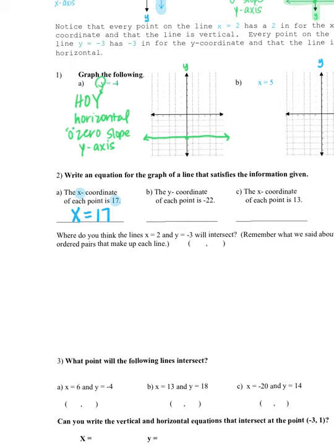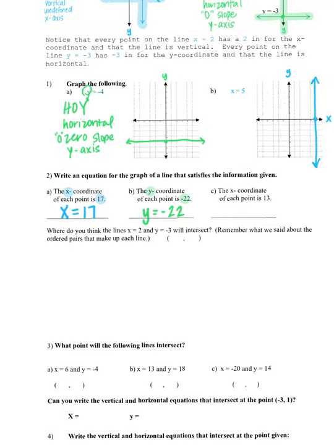B, the y coordinate for each point is negative 22. We're talking about the y coordinate and negative 22. So y equals negative 22. C, the x coordinate for each point is 13. Again, x equals 13.